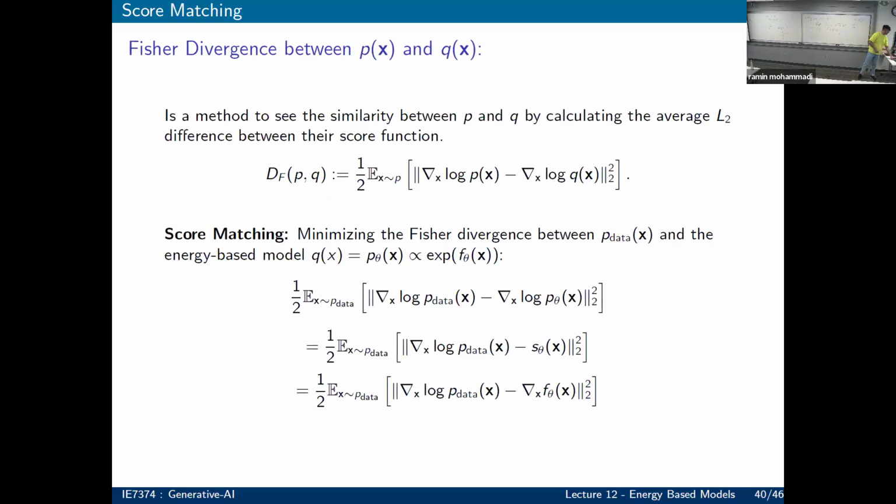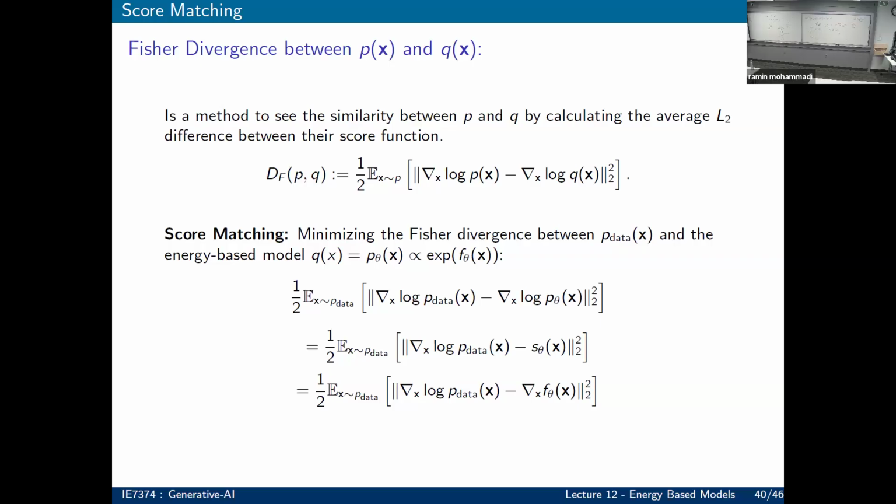Now, in order to solve this problem, we think about this. We are approximating that gradient field from the real data with something else. We need a way to see if this approximation is good or bad. There is a divergence called Fisher divergence. If you have a P and Q distribution, the Fisher divergence becomes this term: gradient of log P minus gradient of log Q, norm 2.